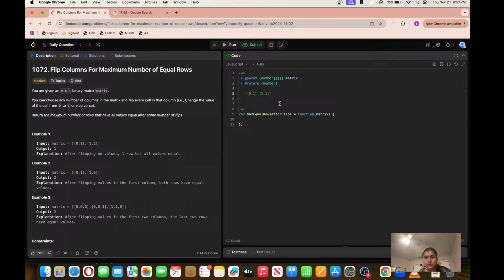I don't know. So for example, if this is the example 0 1 and 1 1, okay, if I flip this, I also need to flip this.